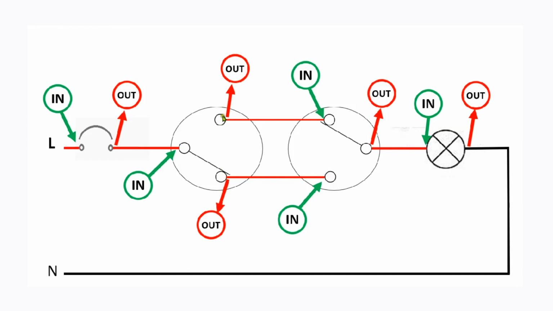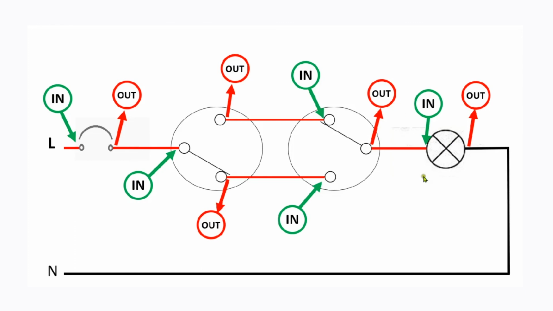Also on the top, coming out of this terminal is a conductor that goes to the terminal of the second switch going in. So I'm going to label that out. Here I'm going to label that in. And at this terminal here, I have also seen that there's a conductor that comes out of the second switch and it's going into the bulb. So it's out and in.